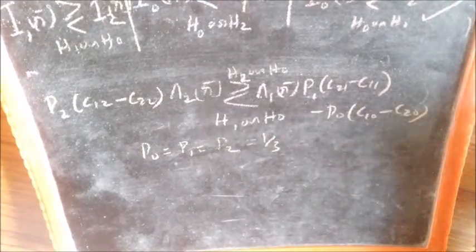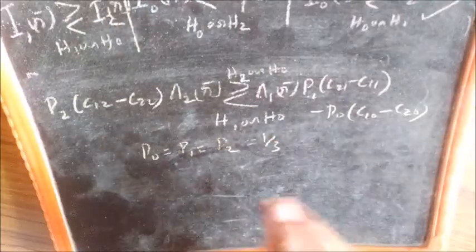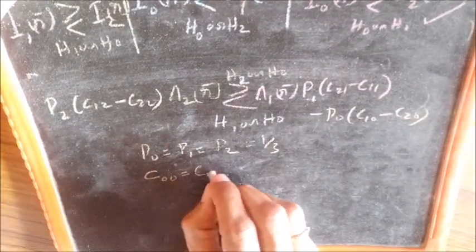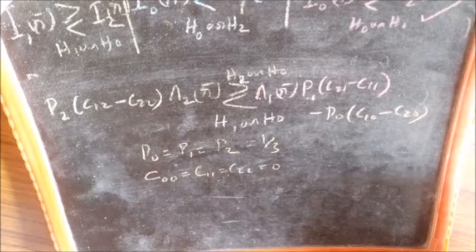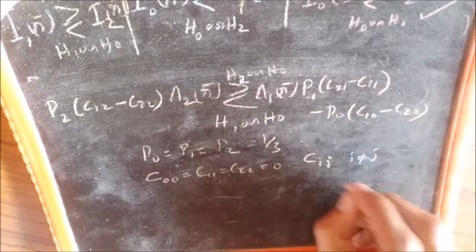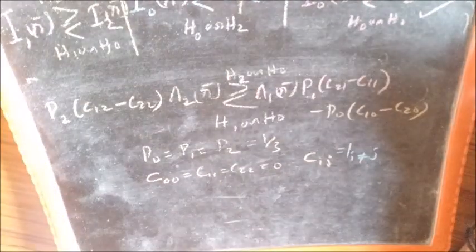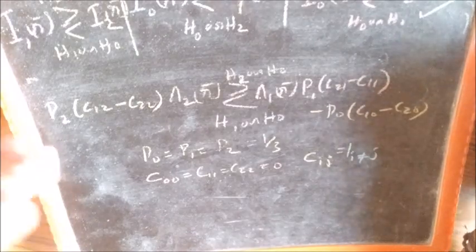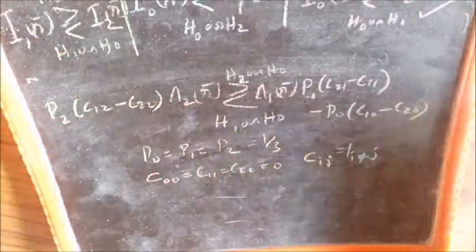That is, the three hypotheses are equally likely and the costs are such that C00 equal to C11 equal to C22 is equal to 0 and Cij whenever i not equal to j is 1. That is, the cost for wrong decisions is 1 and cost for the correct decision is 0.